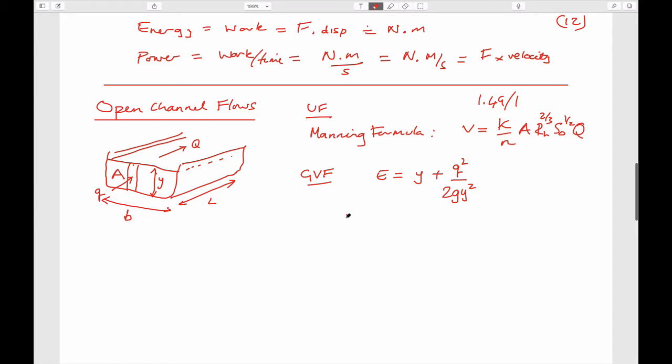And we can plot that on a specific energy versus depth diagram. Energy versus depth. With this line, which is y is equal to E as the boundary line, and one which defines flows relative to that, as this nose here being the boundary between supercritical and subcritical.